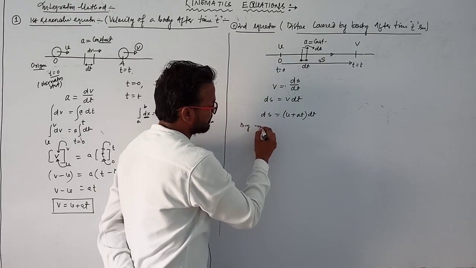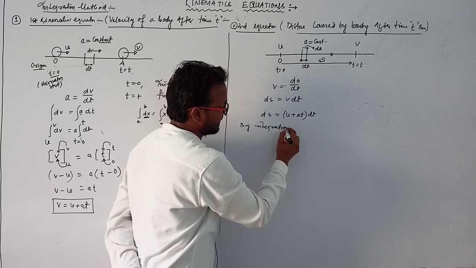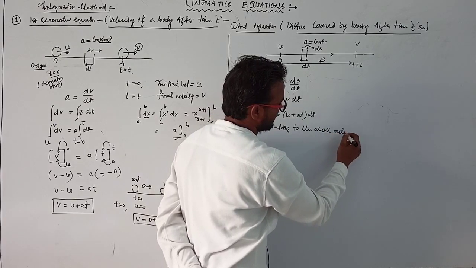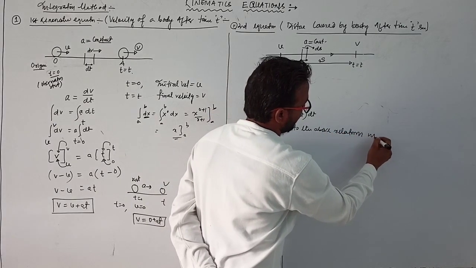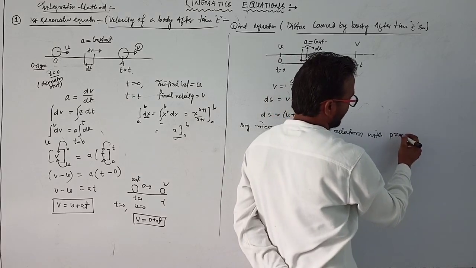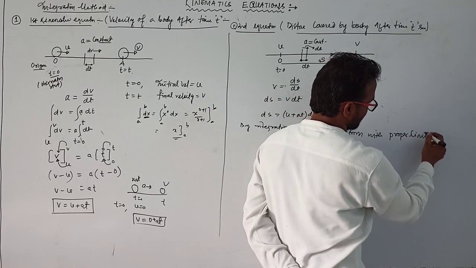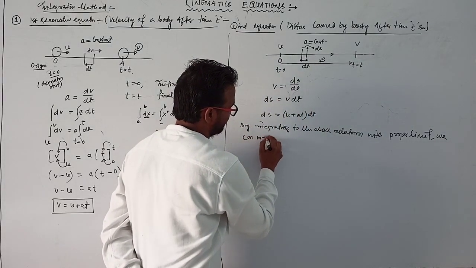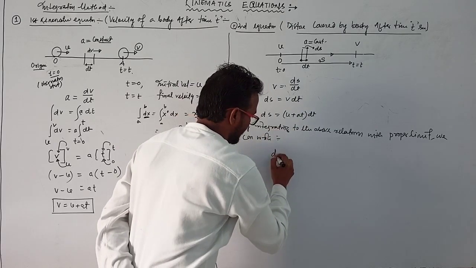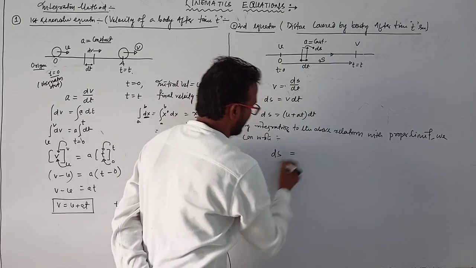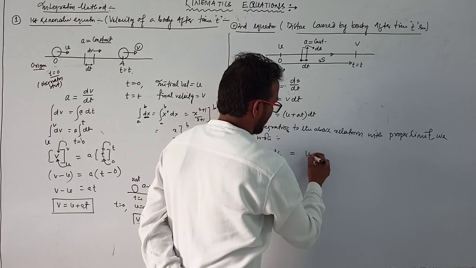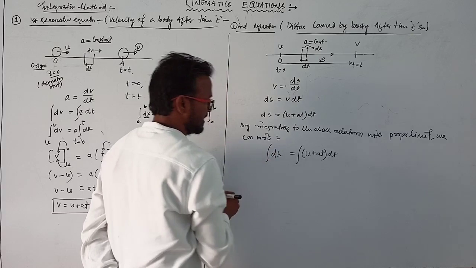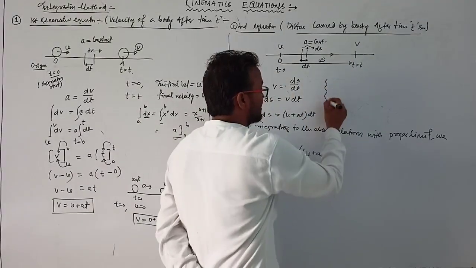So by integrating the above relation with proper limits, we can write the integral of ds equal to the integral of (u plus at) dt. Okay, the limit is important.